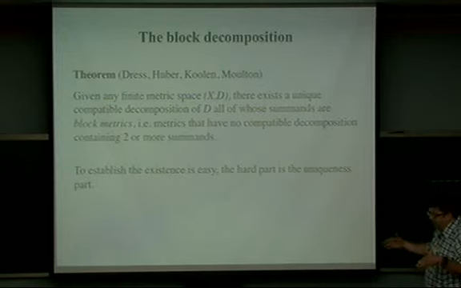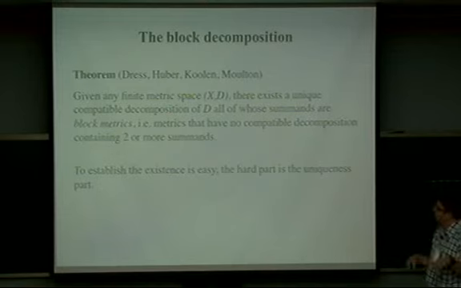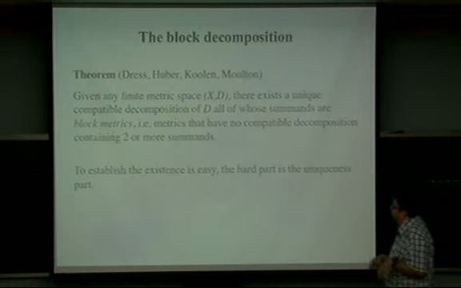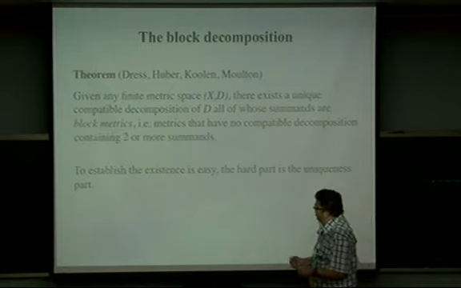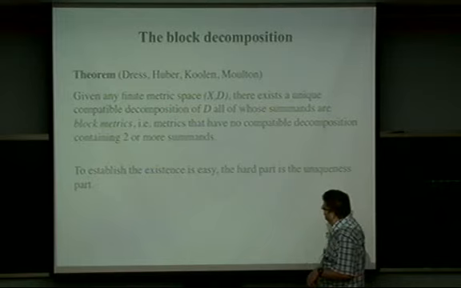If you have a compatible decomposition, you can ask for every metric whether you can decompose it further into smaller metrics, such that it works. And if you cannot do that, you get at least one such compatible decomposition. And now the hardest part was that you have to show that this one is unique.